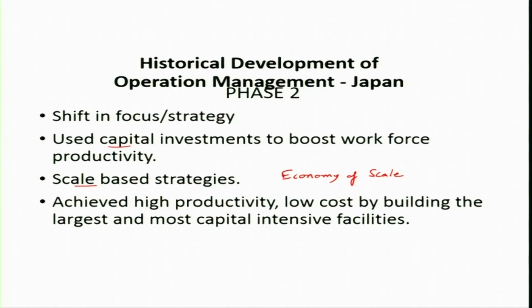There is a thumb rule: there is a 20% reduction in per unit cost if the volumes are doubled. If you are manufacturing 1 lakh units per year and you start producing 2 lakh units per year, the cost per unit will be reduced by 20% because of the reduction in various overhead costs. So, they achieved high productivity and low cost by building the largest and most capital intensive automated plants, automated facilities.